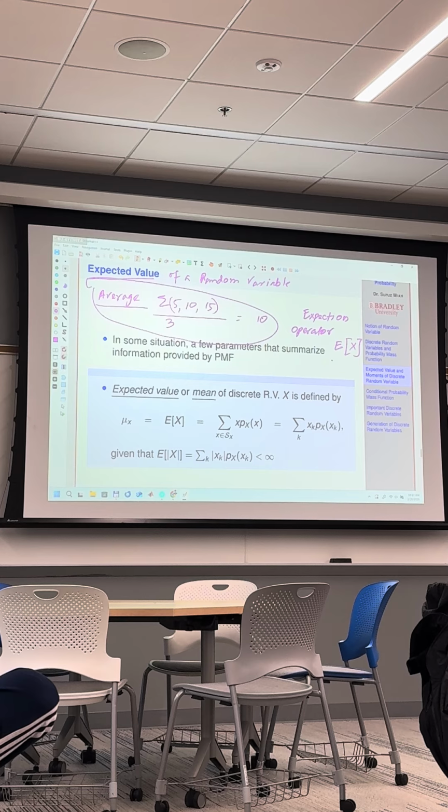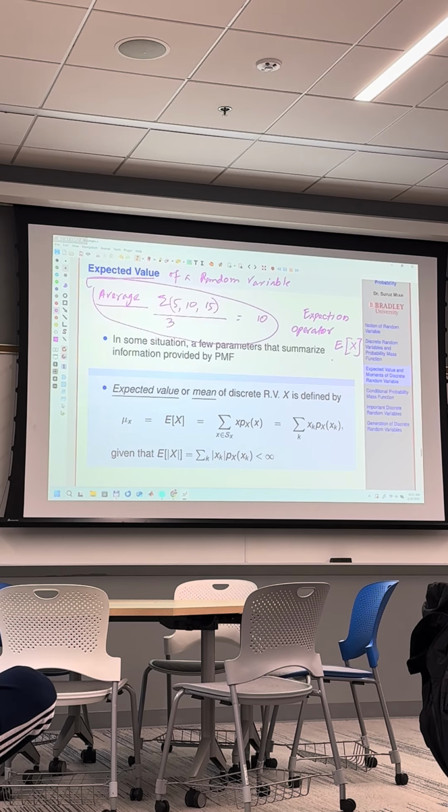In your computer experiment you saw that you determine the relative frequency. You put the number of experiments, the number of trials, and then you determine the relative frequency. If you increase the number of trials to infinity, that relative frequency boils down to probability.